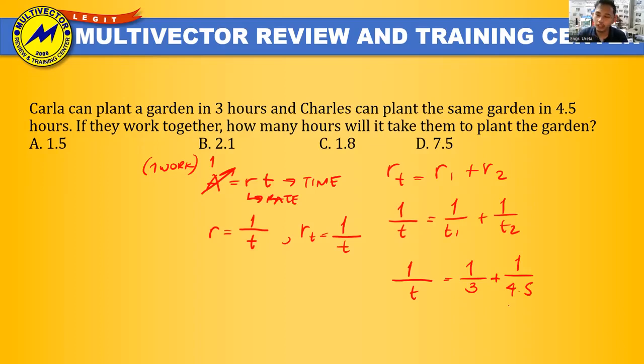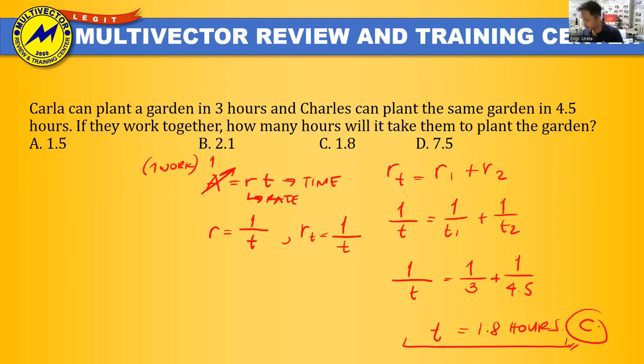Nine all over 5, so when you solve for t, the result is 1.8 hours. So the answer is letter C. That is problem number 80.